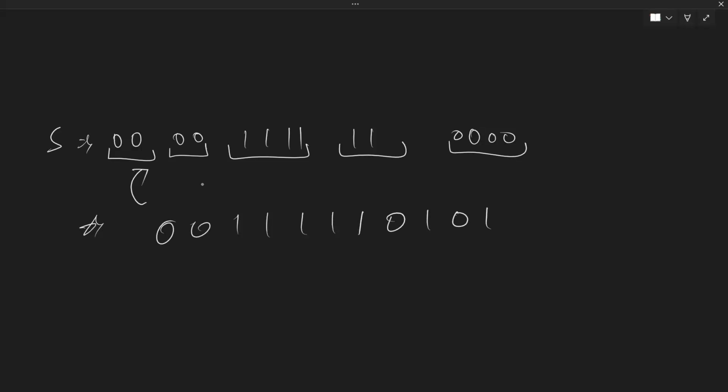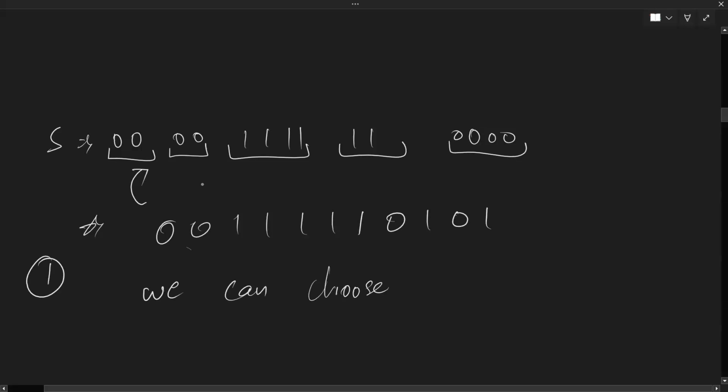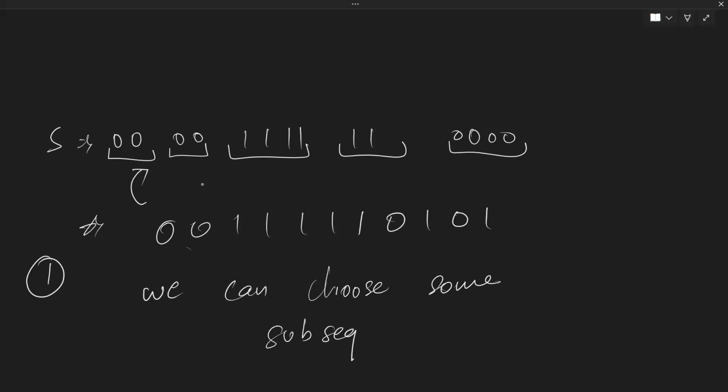But the only thing is we can do only one operation, and that operation is we can choose some subsequence and flip all the characters in that subsequence, all the characters that are present in those positions.